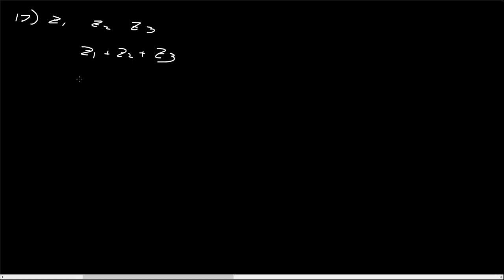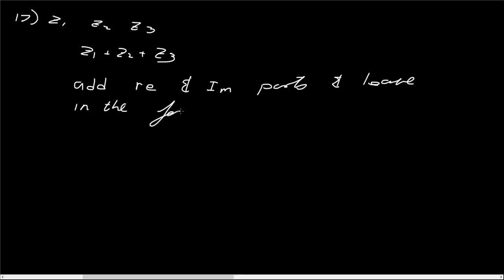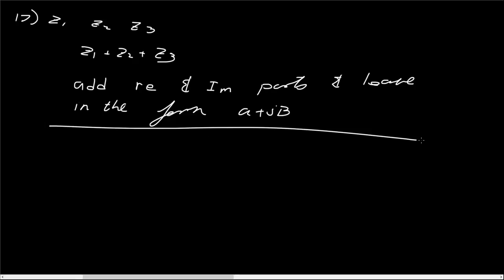So for question 17, just add real and imaginary parts and leave in the form a plus jb. Okay, so that's question 17. Very simple, really not worth doing here.